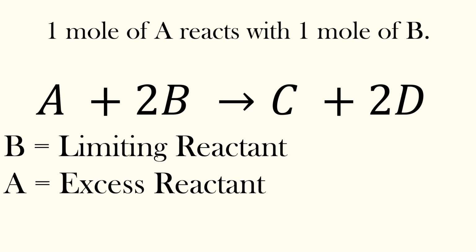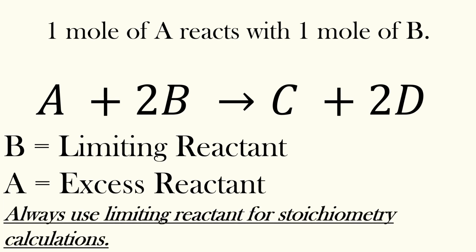Now that we've identified our limiting and excess reactants, we must always remember to use our limiting reactant, B in this case, for stoichiometry calculations.